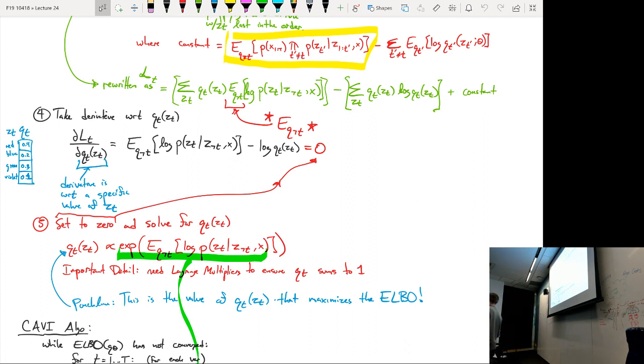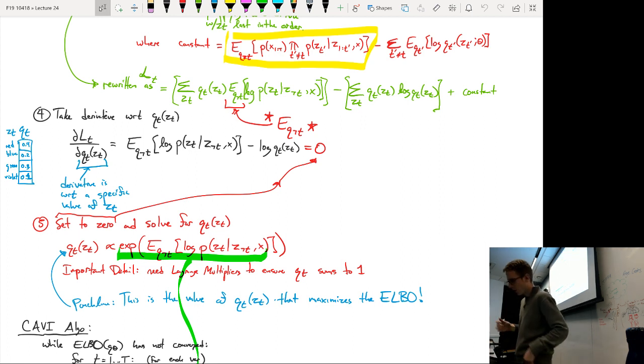Like maybe one of them is 7, and one of them is 4, and one of them is 9. So the probabilities for Qt are proportional to 7, 4, and 9, but you actually need to renormalize them to get back the sum to 1 constraint. So what you're seeing there is the effect of the Lagrange multiplier: it just changes that from equality to proportionality.